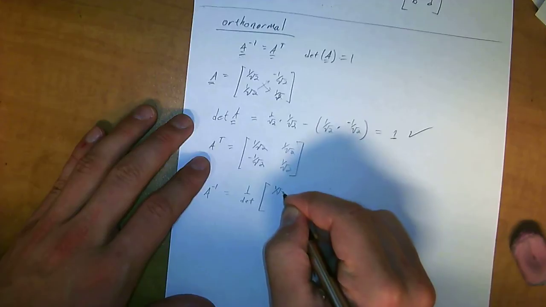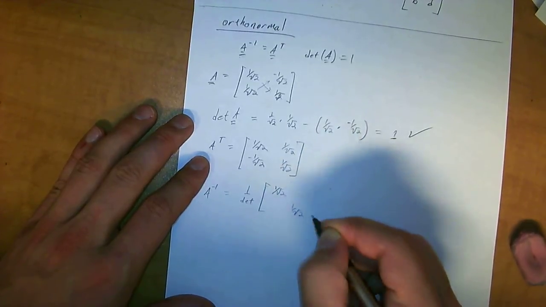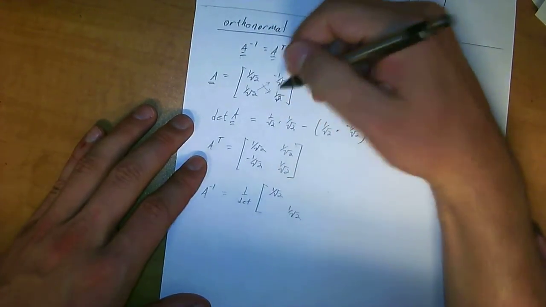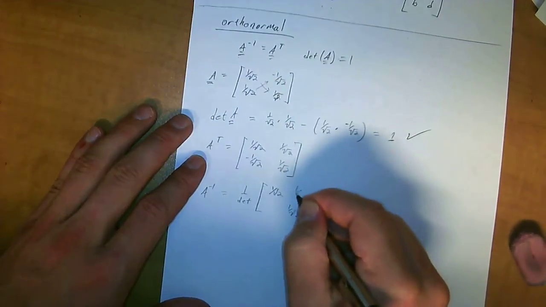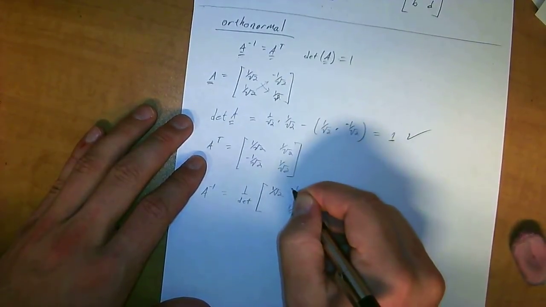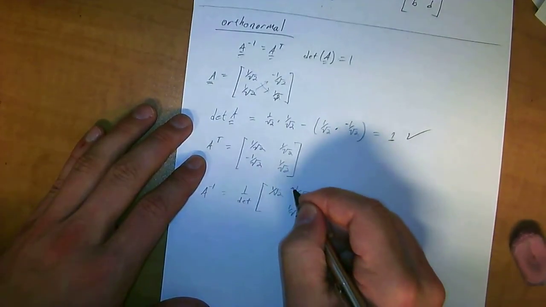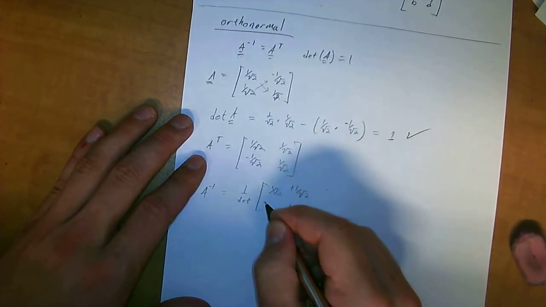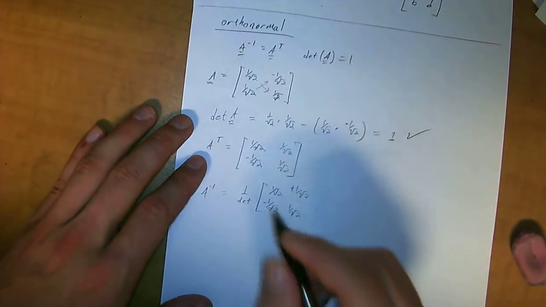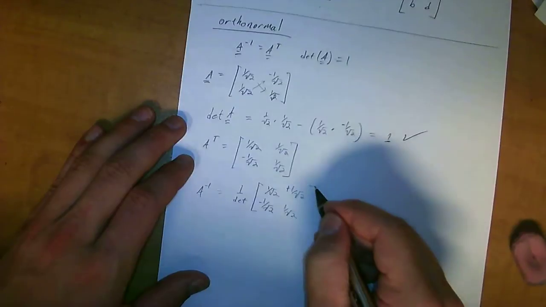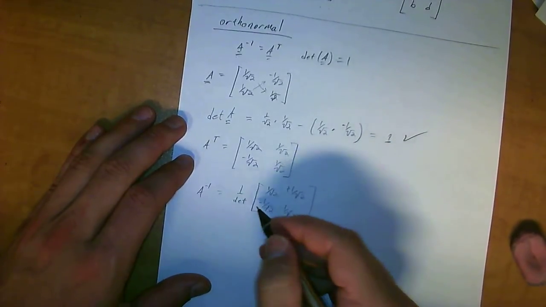So we're going to take 1 over square root of 2, 1 over square root of 2, so that's not going to change, but actually these two values have flipped. And then we're going to take 1 over square root of 2 negative, and multiply it by negative and get a positive. And then we're going to end up with negative 1 over square root of 2 down there.